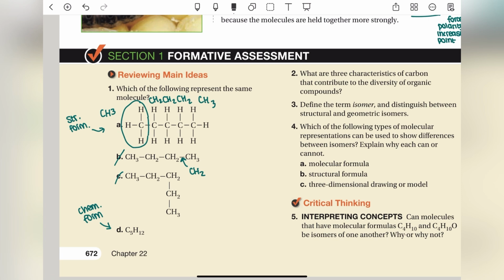Yep, so once again, A and D are the answer because they have the same molecular formula.